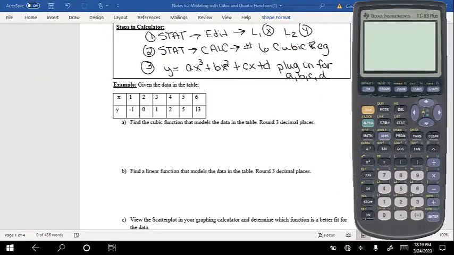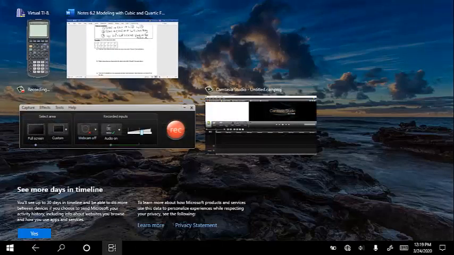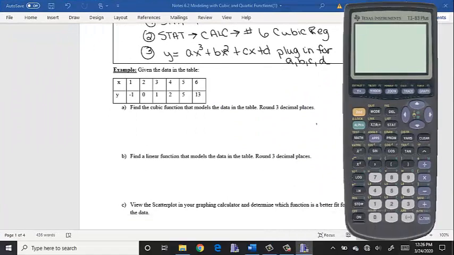All right, so I've got my graphing calculator and I'm going to enter this data. We're going to follow the steps. We're going to go to Stat.